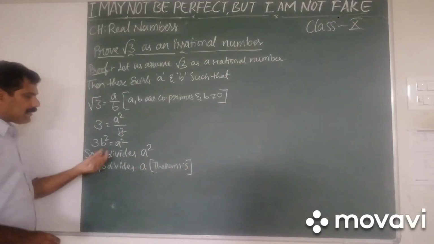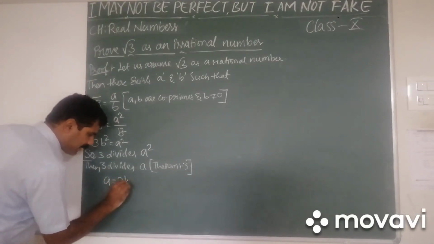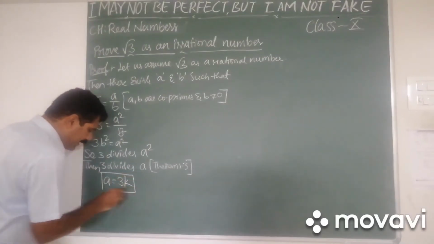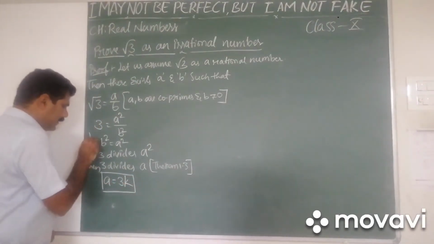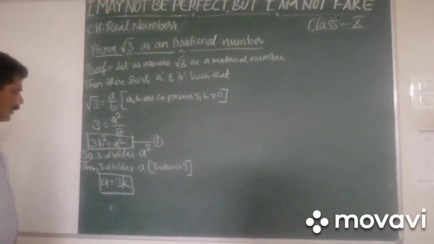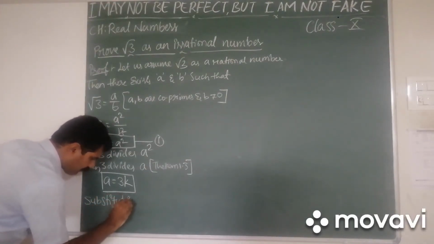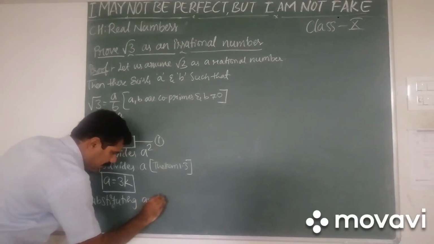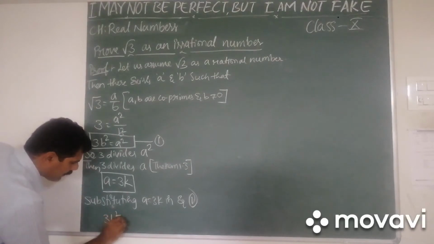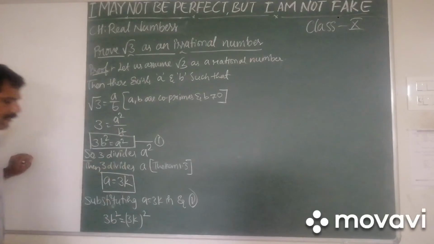If a is divisible by 3, then a can be written as 3k, where k may be any value. Let this be equation 1. Substituting a equal to 3k in equation 1, it will be 3b square is equal to 3k whole square.